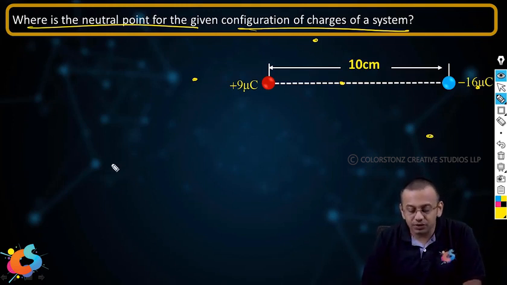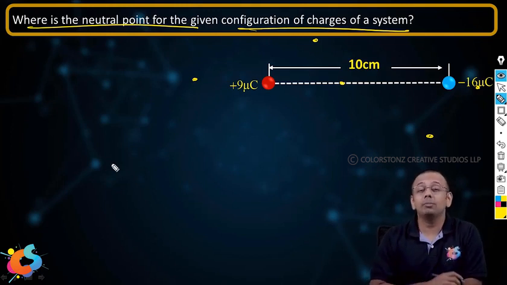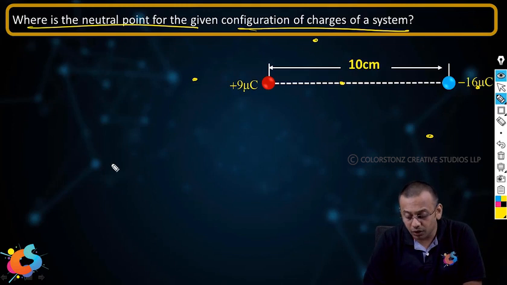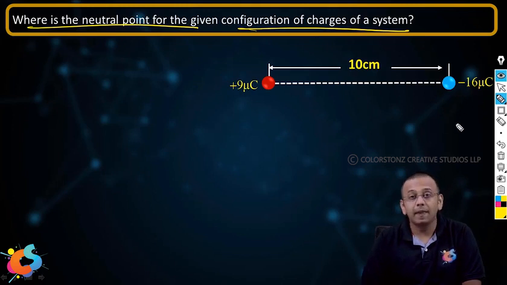I cannot solve the general vector form and say that the net force is 0. That will be very complicated. So what we need to do is analyze each and every region one by one.